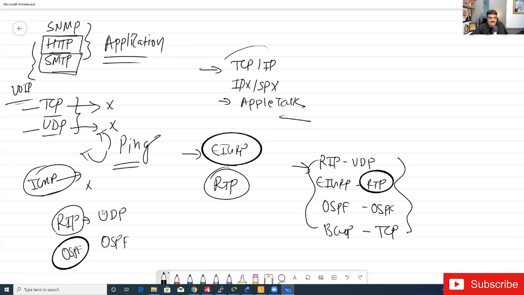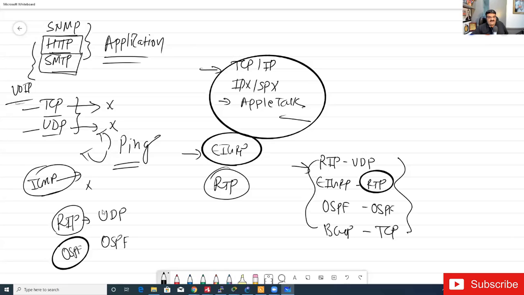At the time when EIGRP was invented, EIGRP was the protocol that could route TCP/IP, IPX, SPX, AppleTalk, any protocol. It was the advantage at that time, the unique selling point of EIGRP. And it was Cisco proprietary also. So if you wanted to buy this multi-protocol supported routing protocol, you had to buy a Cisco router, because EIGRP was Cisco proprietary.